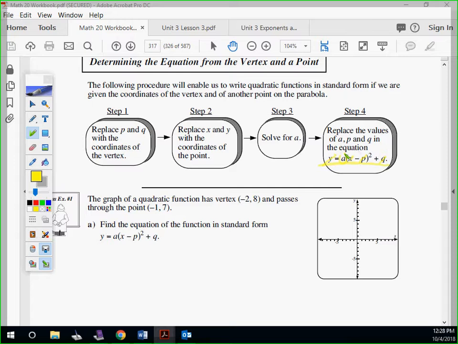The short story: if you're given a vertex and a point, you have 4 pieces of information out of the 5. You're going to solve for the 5th. It's a single variable left over. That's what it says here in the steps. Replace P and Q with the coordinates of the vertex. If you get the vertex, plug it in.